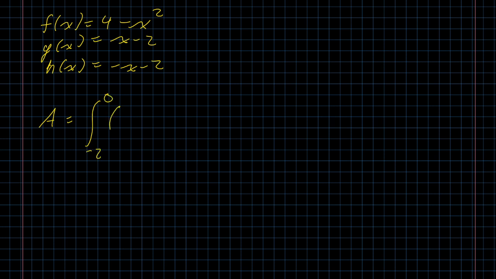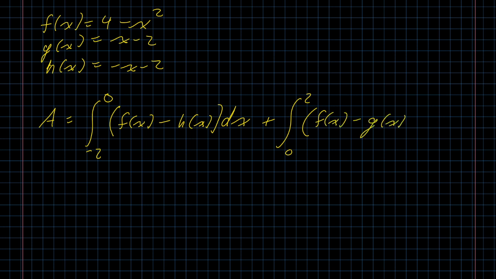Remember, it had f of x on top, it had h of x on the bottom. And then the other part from 0 to 2 had f of x on the top and g of x on the bottom. And so I just have to fill these things out, clean them up a little bit.